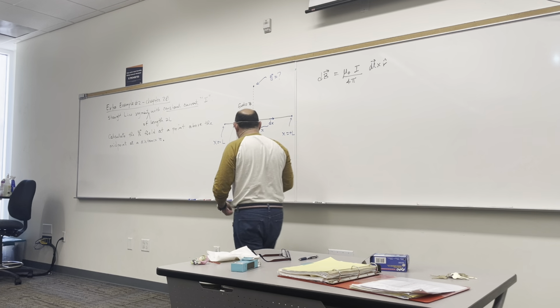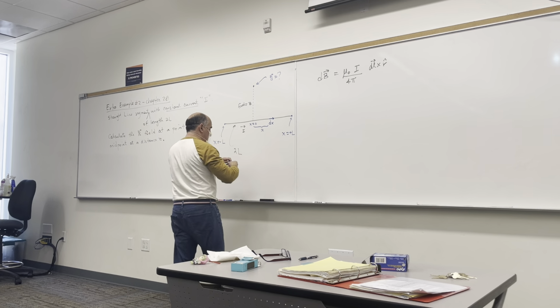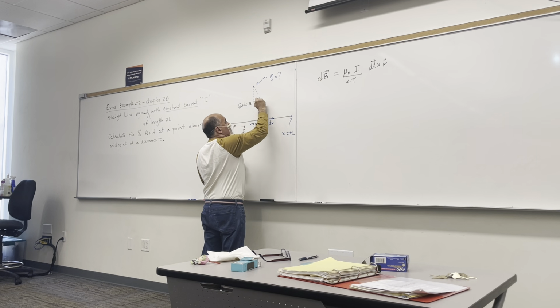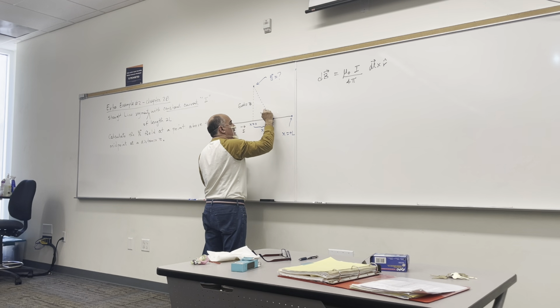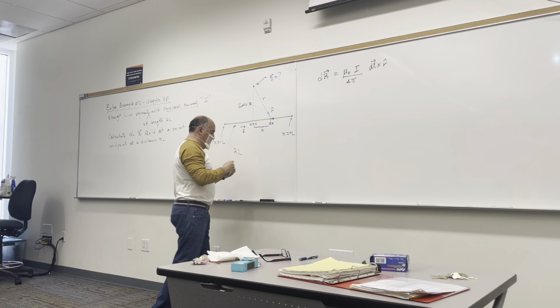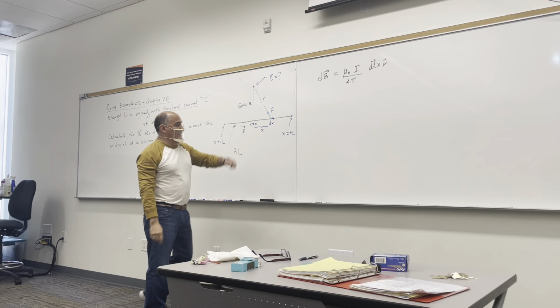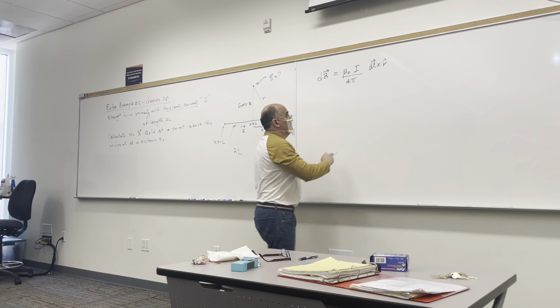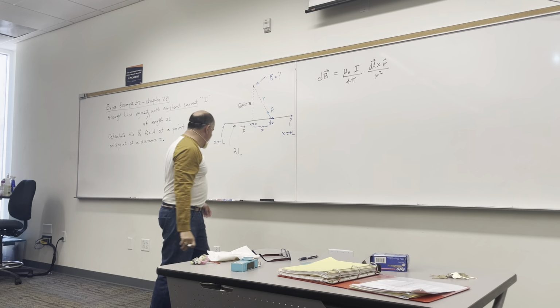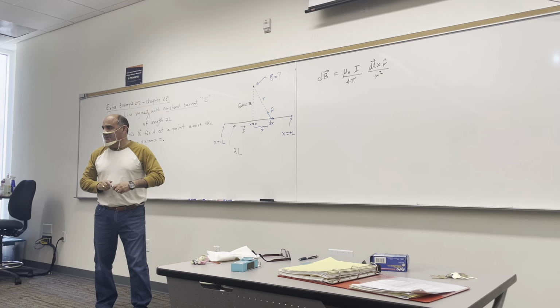Now, what is r hat? R hat is defined as the vector of magnitude 1, from the segment to the field point, and I'm going to call that distance r. So that is r hat divided by that distance squared. So this is the Biot-Savart law.